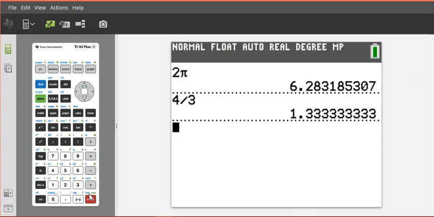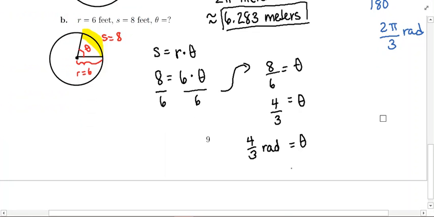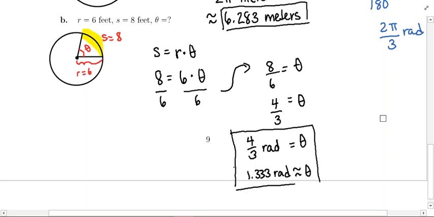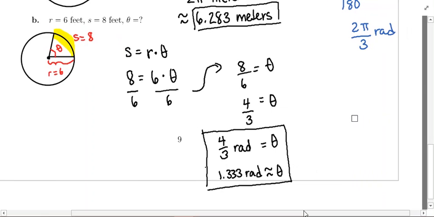Round it to 3 places after the decimal point. That's going to be 1.333. So theta is approximately 1.333, and that's in radians. Either way, we've got the exact answer and the decimal approximation. We're just not used to radians yet, and it takes some time to get used to.